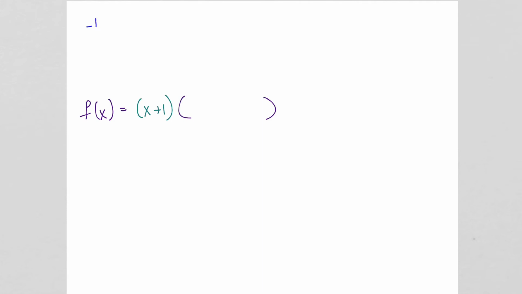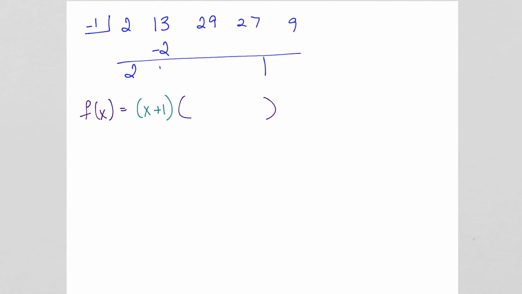So negative 1 in the box, coefficients out here, and I'm going to go through this synthetic division quickly. We've already talked about how to do it, so I'm not going to spend the time on it here. If you need to review, you can always go back to the previous section.